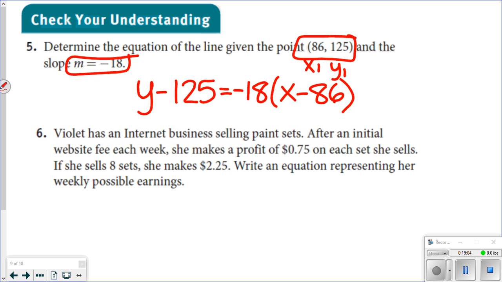All right, question 6 is another story problem. Violet has an internet business selling paint sets. After an initial website fee each week, she makes a profit of 75 cents on each set she sells.